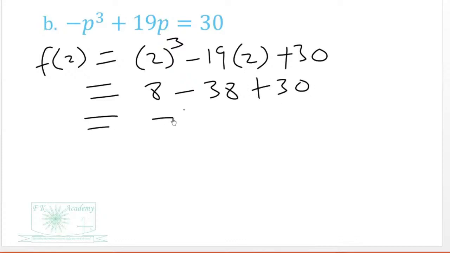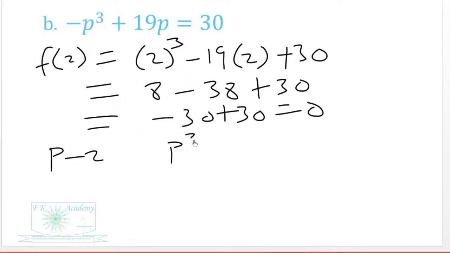And that will give us negative 30 plus 30, which is equal to 0. It tells us that p minus 2 is a factor of the polynomial p cubed minus 19p plus 30.